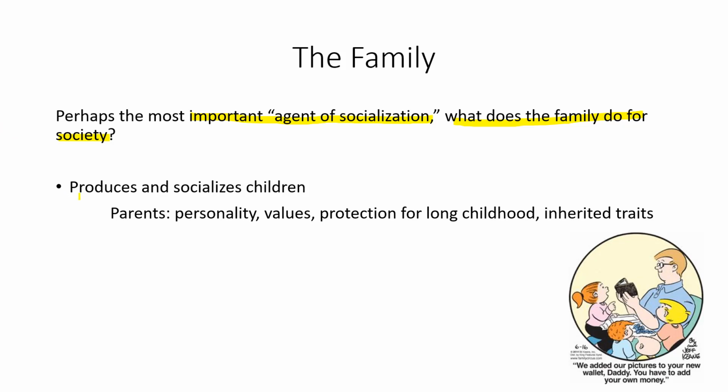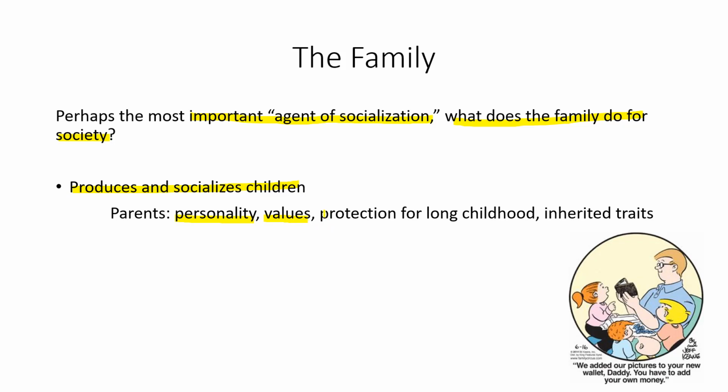What does the family do for society? First of all, the family is the group that produces and socializes the children. The parents in particular, whether it's through inherited traits or the way that children are raised, are very important to influencing children's personalities, which stays with you most of your life, or perhaps even all of your life.